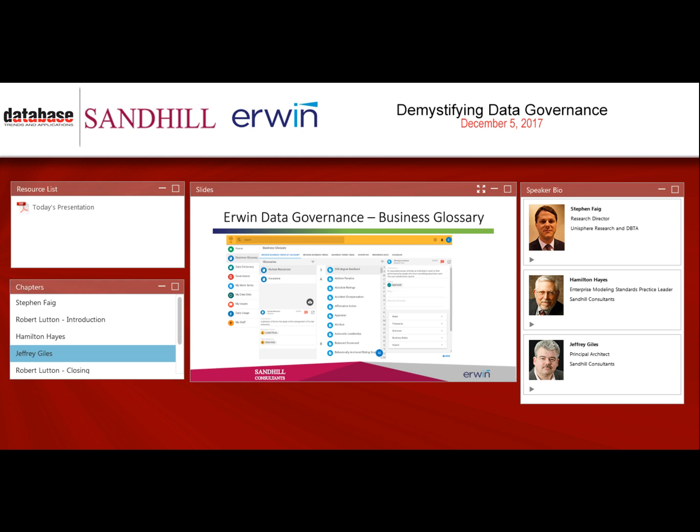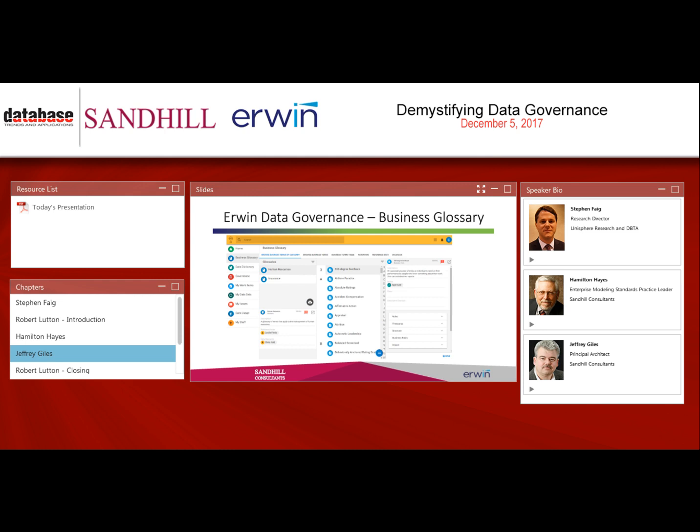So this perspective here is built for business people, because some governance tools will take a technical user interface, give it to a business analyst or a business person, and expect them to navigate through that to get to what they need. This basically says that you need the right interface for the right group of people you're trying to reach. So this is a business perspective.